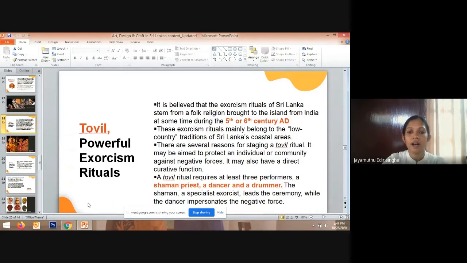After that only come the 18 Sanni masks I mentioned. After the 12 Pali come and prepare the offerings for deities, the Sannis and Yakas come. Likewise, there are different stages of this Tovil performance. Finally, they have different dialogues and different dances to send away all the bad forces.